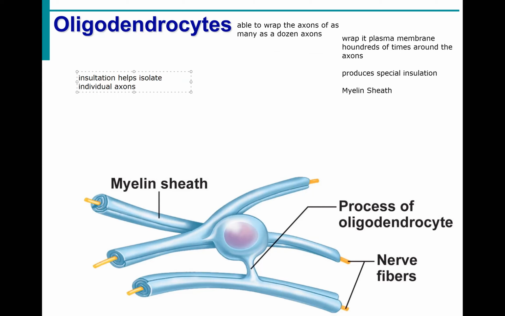When you turn on the light switch in your room, you just want the bedroom light to come on. You don't want the garbage disposal to go on downstairs, or the garage door to open, or any of those types of things to occur. We want to isolate the individual axons. But when it wraps itself hundreds of times to form that special myelin sheath, this myelin sheath in particular serves a very important function.